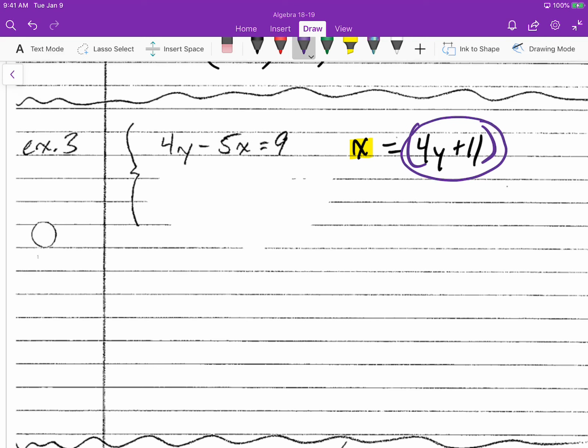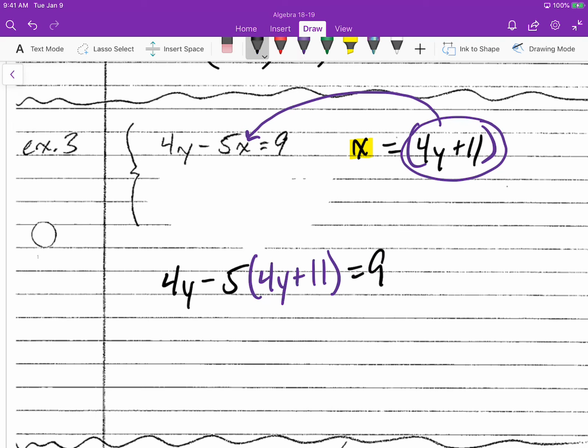So I'm going to grab all of this stuff and trade it in for the x in this problem. What makes this so hard is now my equation would say 4y minus 5 times all of that stuff that I traded. I traded 4y plus 11 all for one single x, and then all of that just equals 9.